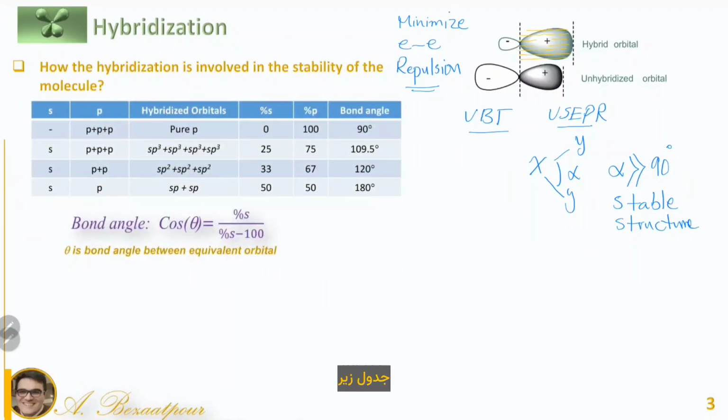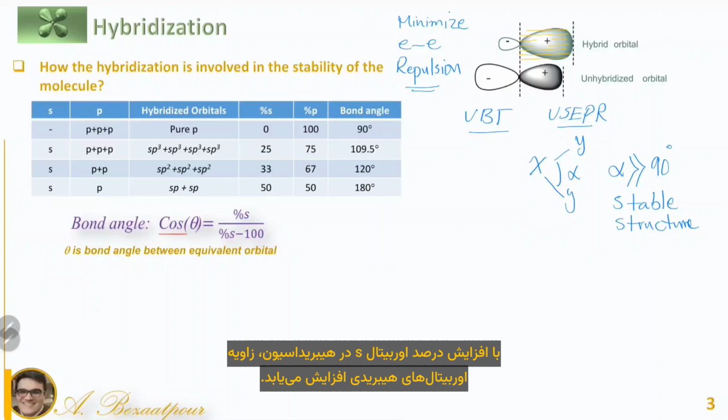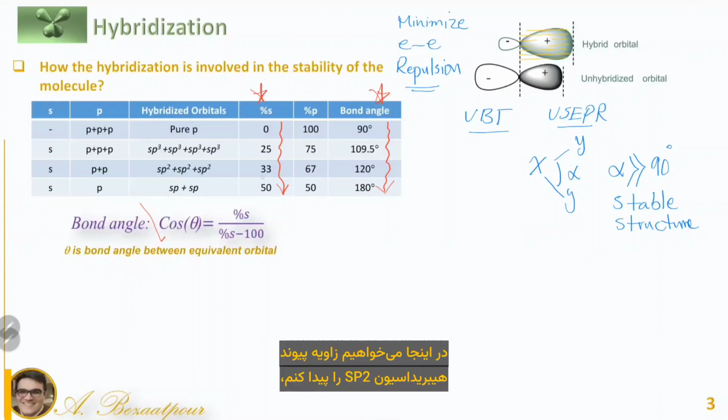In the table below, it can be seen that by using the Drago rule, the angle of hybrid orbitals increases with the increase in the percentage of s orbital in the hybridization. Here I wanted to find the bond angle of sp2 hybridization.